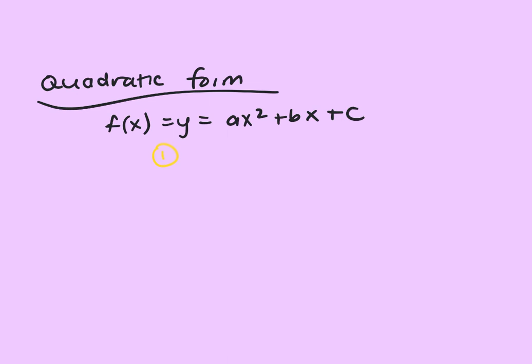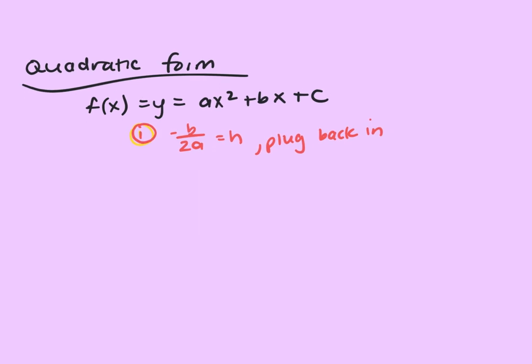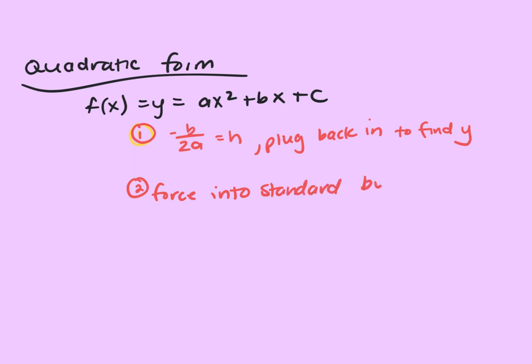One being the negative b over 2a to find the h, or the x coordinate of your vertex, and then plug that back in to find y. So we're going to do an example of each of these. The second is to force it into standard by completing the square.